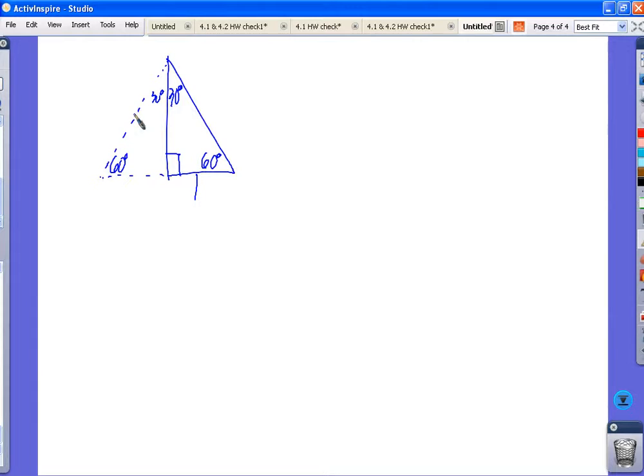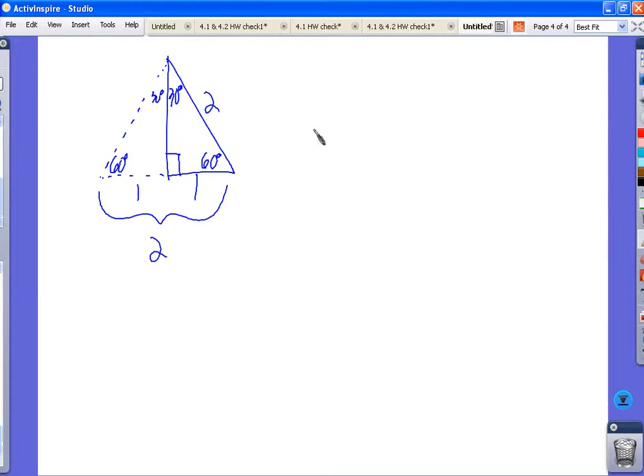So how big would this angle be? Also 60. So what kind of triangle is that? Equilateral triangle, which means equal sides and equal angles. So how long is this? 1. How long is this? 2. Can we find this side?